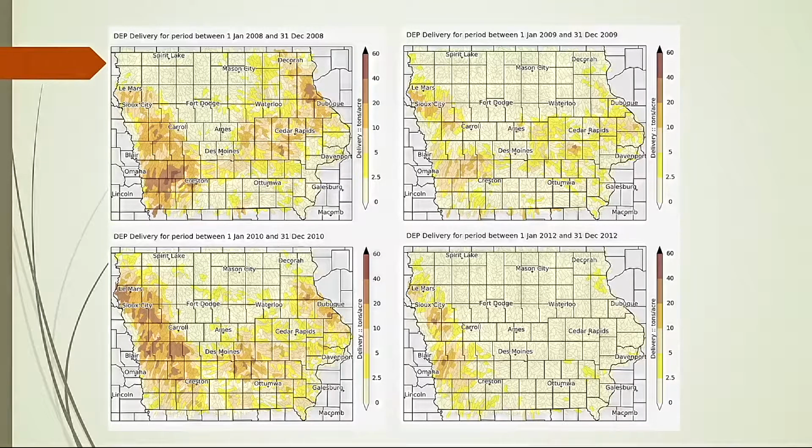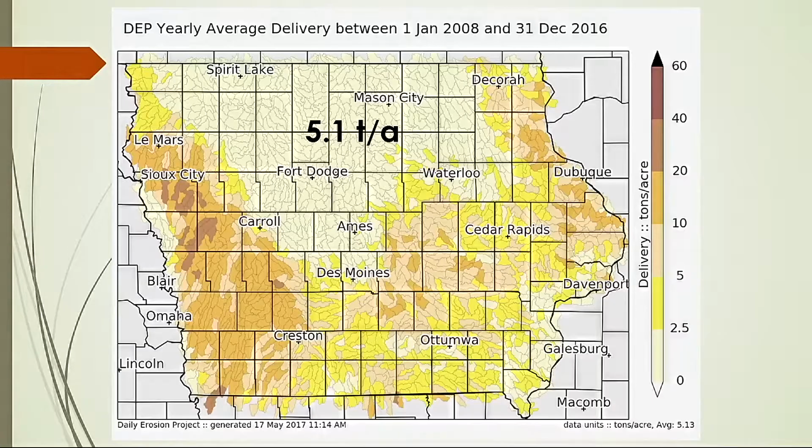Are all years the same? 2012 is in the lower right, 2008 in the upper left. Absolutely, they're not the same. So it tells me that temporally, we don't have a consistent threat associated with the soil erosion process. But some years, it's really bad, or at least not as good.